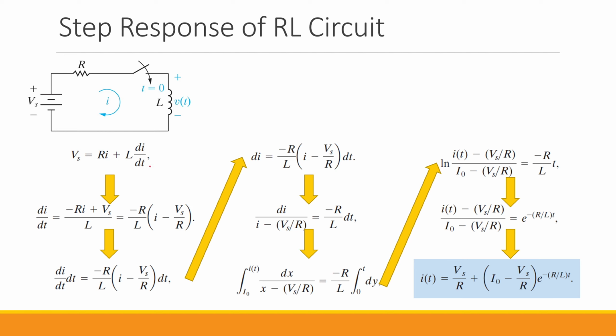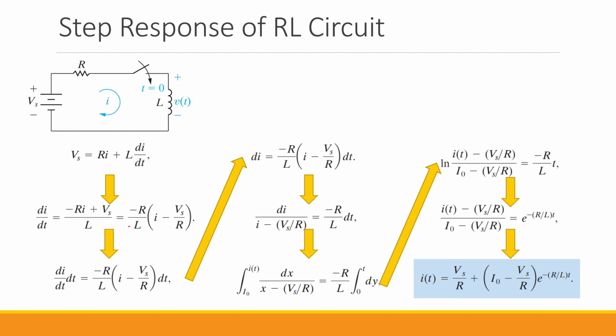The first thing I do is put L di over dt on one side of the equal sign and move everything else to the other side. So we have di over dt equals negative Ri plus Vs, over L. Then I can simply calculate the result of this division. It is negative R over L multiplied by I minus Vs over R.